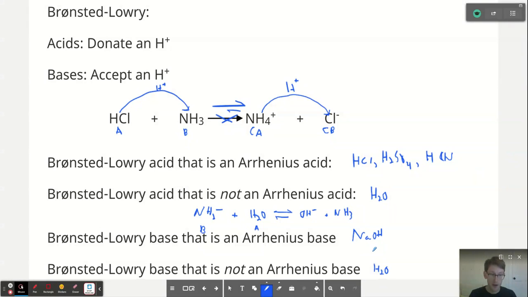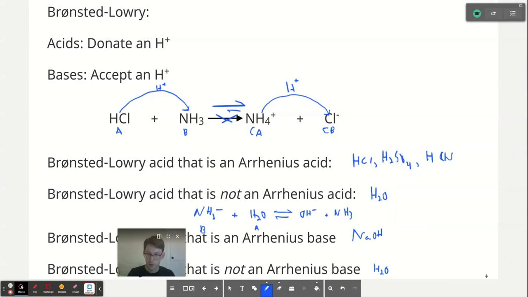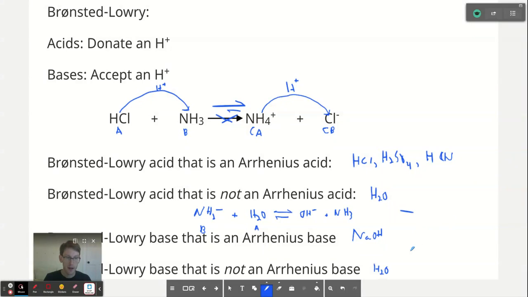An example of that happening would be, if I move this over here, HCl plus H2O yielding at equilibrium H3O+ plus Cl-. So water is absolutely acting as a base here because it is accepting an H+.